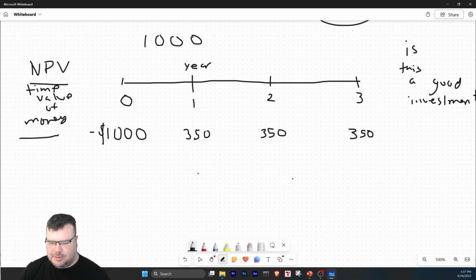And what I am going to do is look at each of these expected cash flows in the future, and I am going to discount them back to the present to get the present value of those future cash flows.